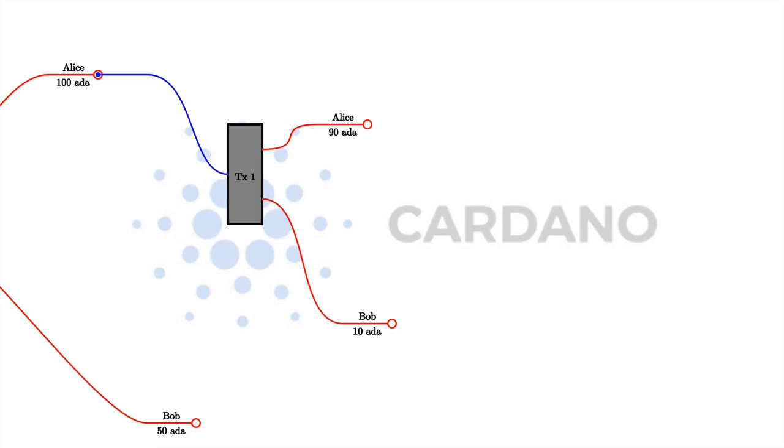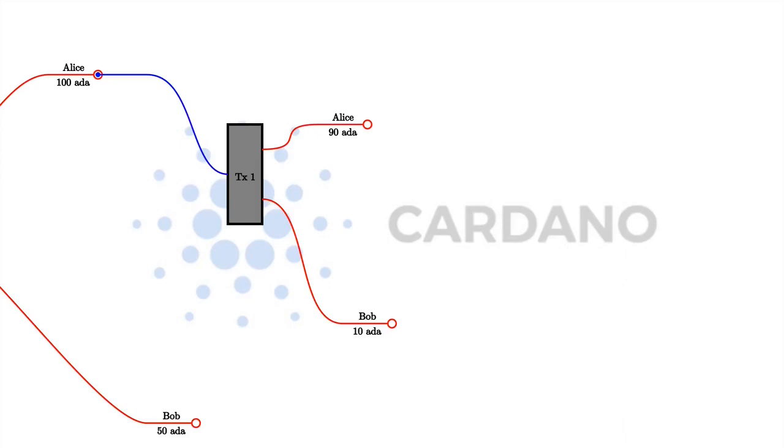So this is a first example of a simple transaction, and we see that the effect of a transaction is to consume unspent transaction outputs and to produce new ones. So in this example, one UTXO has been consumed, Alice's original 100 ADA UTXO, and two new ones have been created.